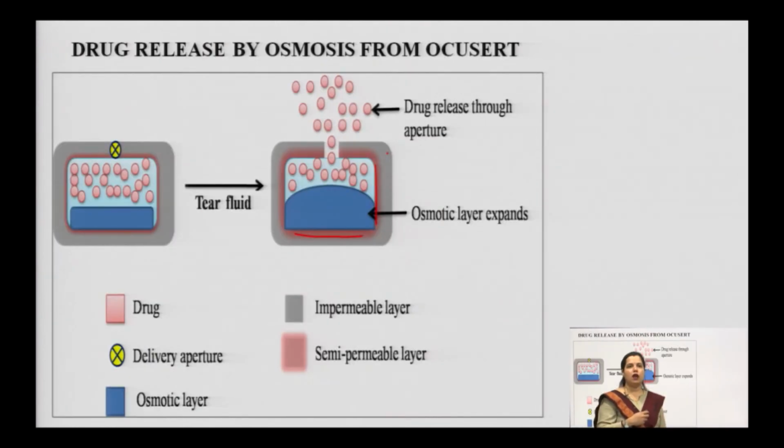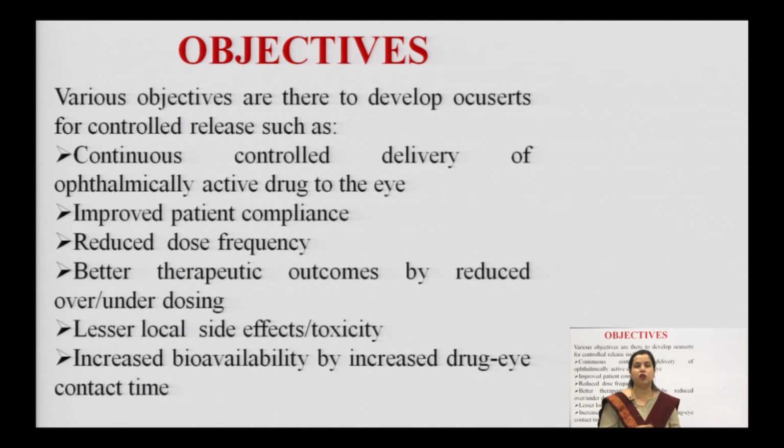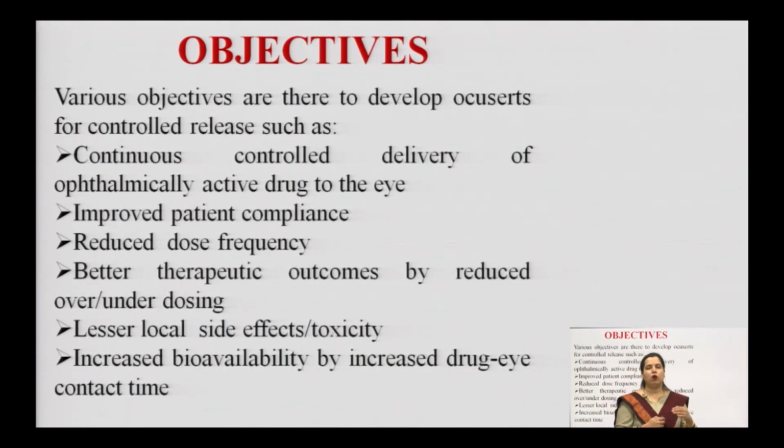We had discussion about the various objectives of making these Ocuserts, the basic introduction, how Ocuserts look like, and what the need of making these Ocuserts is, as it has dosing accuracy.